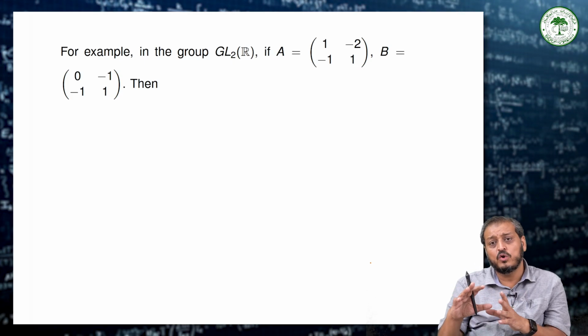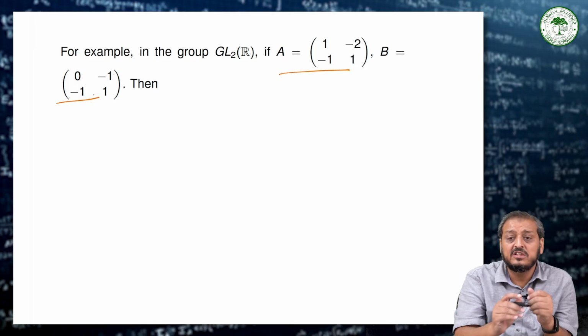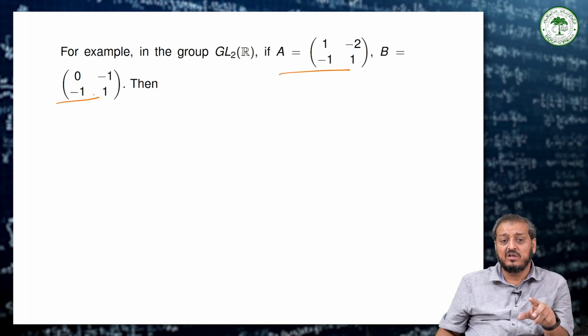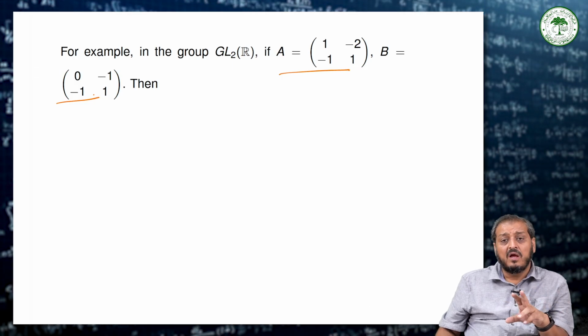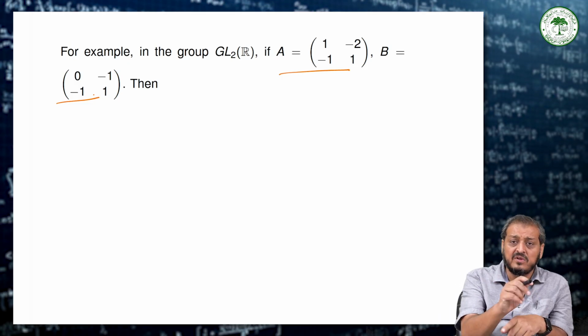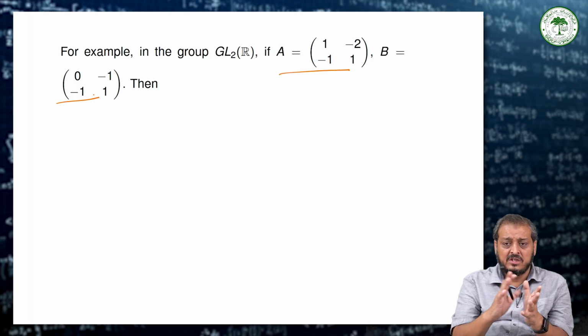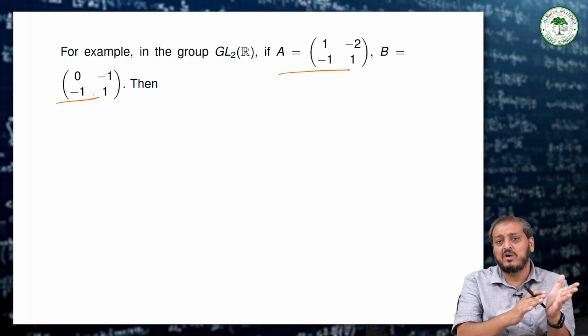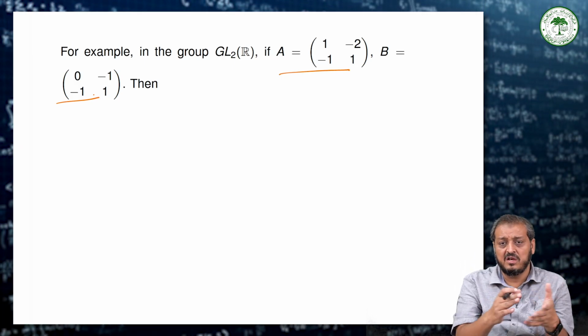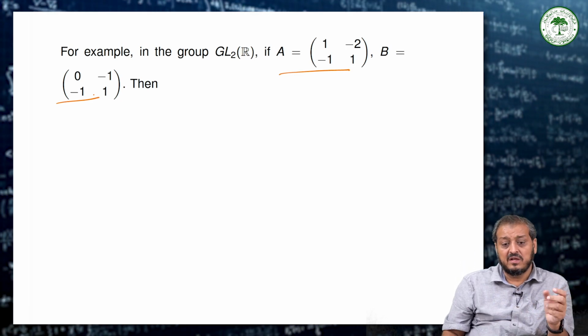We take A equal to this matrix and B equal to this matrix 0, minus 1 and 1. Clearly A is an element of GL2(R) and B is also an element of GL2(R). Determinant of A is not equal to 0 and determinant of B is not equal to 0, so clearly these two are invertible matrices.